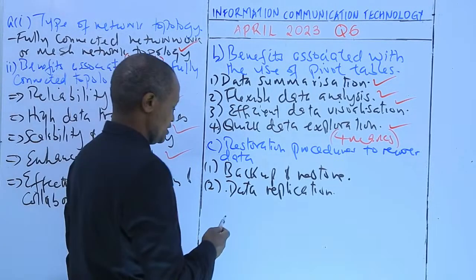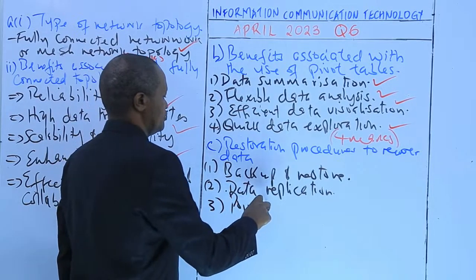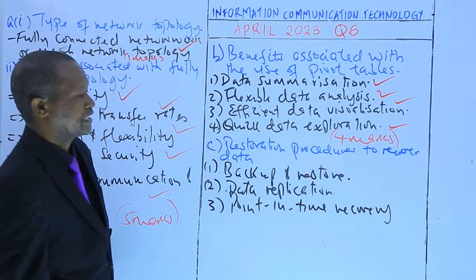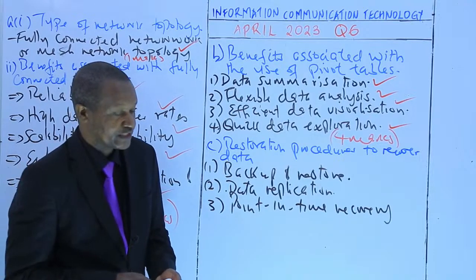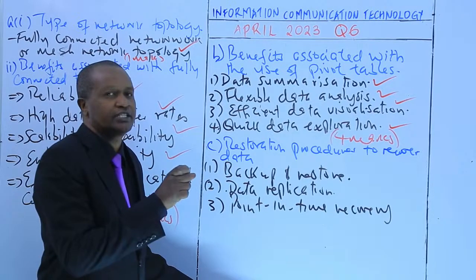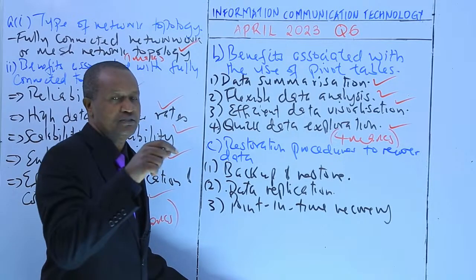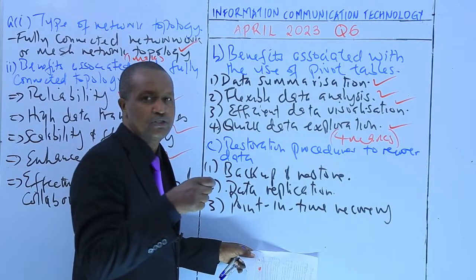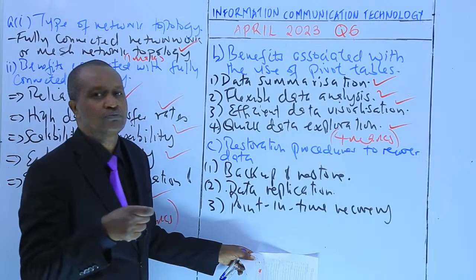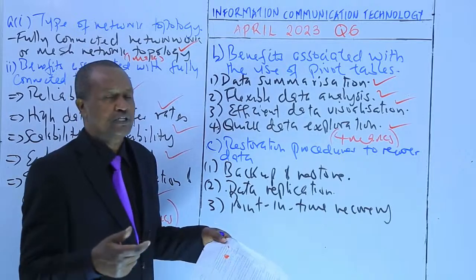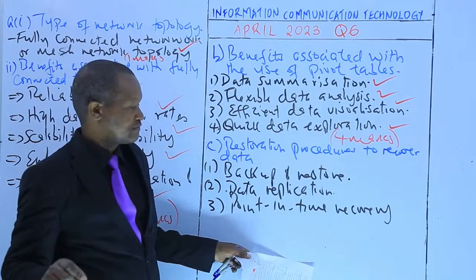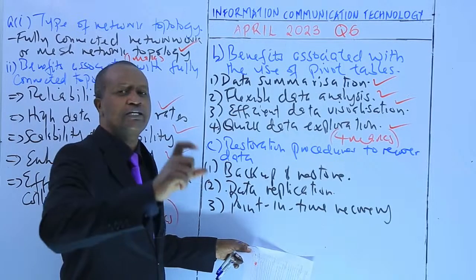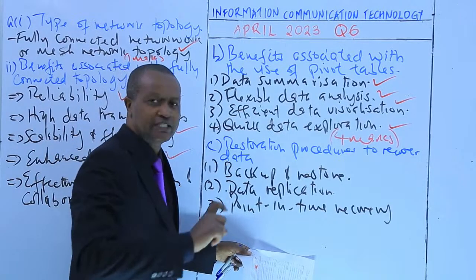Then there is point in time recovery. Point in time recovery allows restoring data to a specific point in time before the data loss occurred, and it involves using what we call transaction logs or even snapshots to roll back the database system to the previous state, and that can effectively recover data.